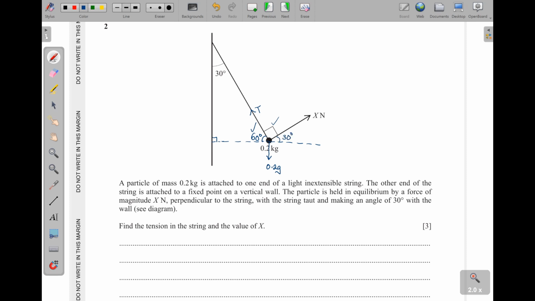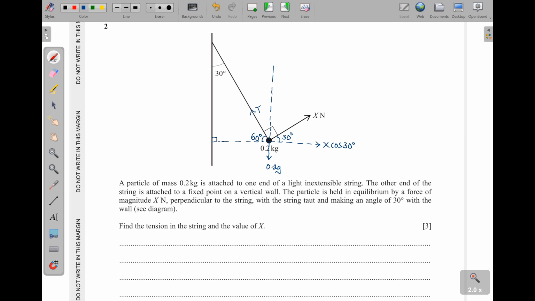Why am I finding these angles? It's because I want to resolve the forces, and I must know the angles that I'm going to use. Now close this one here. When I close it, it is going to give me a cosine. So we shall have x cos 30. We are also going to resolve here.